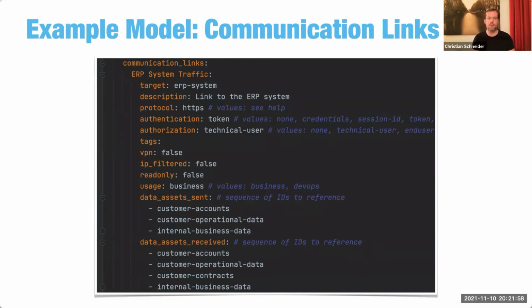That's just like having a directed graph where you're modeling a connection, so that here, for example, that Apache web server thing is now having in its communication links section an outgoing communication link, can be multiple, of course, targeting an ERP system, also by its ID from the same model, and you're specifically choosing a protocol.